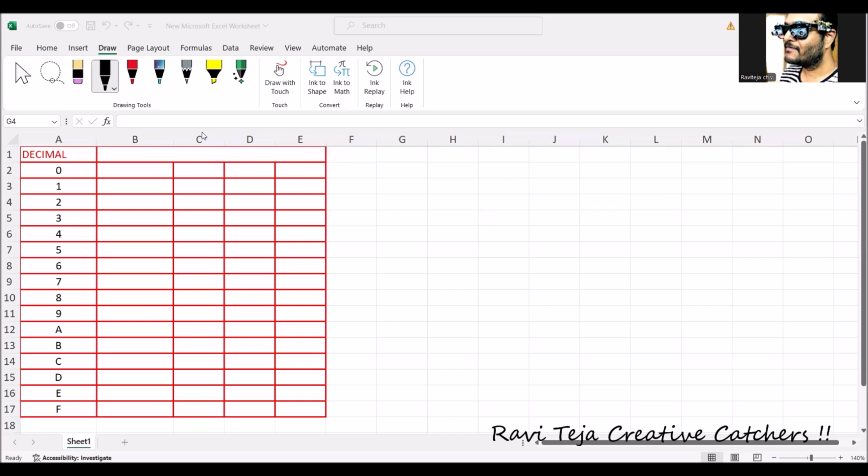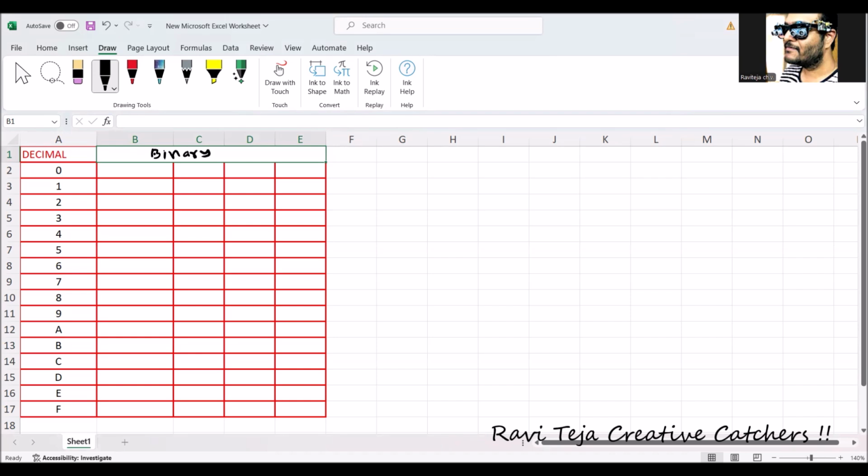We are going to write the binary format. Here we are considering a 4-bit binary. In order to write the binary numbers, we need to start from the right side to the left.